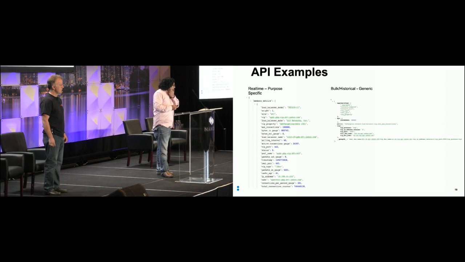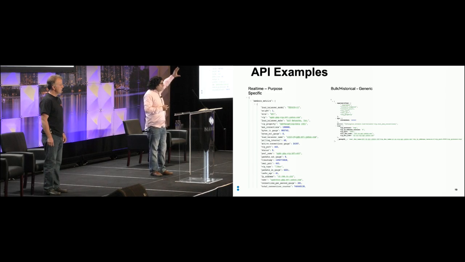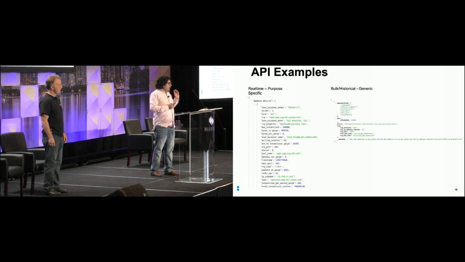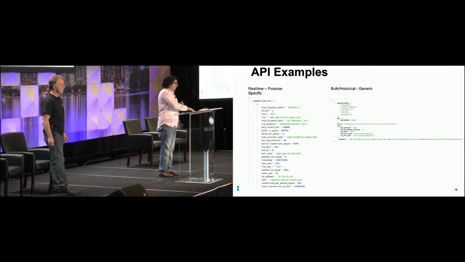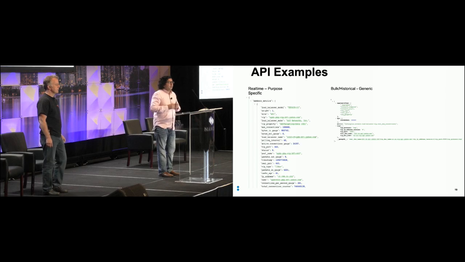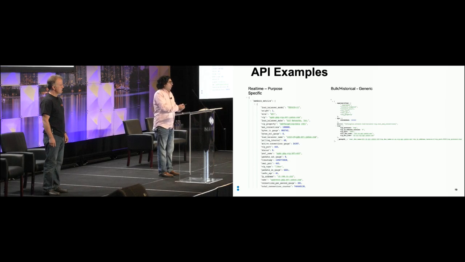These are examples of APIs that we have. On the left, you would see a very purpose-specific API that we've built to get data for VIPs from load balancers. This tends to be very easy to use and performant. We also only expose the last data point through the API.